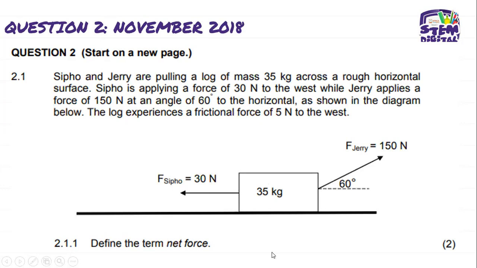All the forces that are vertical, we know they are balanced because my object is not moving up and down. But because my object is moving horizontally, all the forces acting horizontally are not balanced.